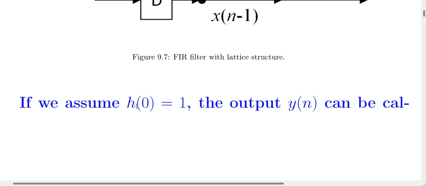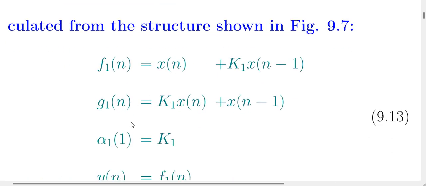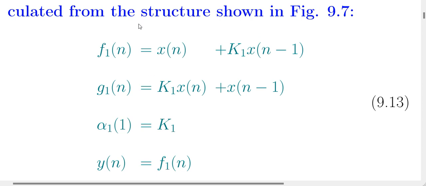If we assume that h of 0 is equal to 1, the output y of n can be computed from the structure shown in the figure. f1 of n will be equal to x of n plus k1 times x of n minus 1. g1 of n will be equal to k1 times x of n plus x of n minus 1.